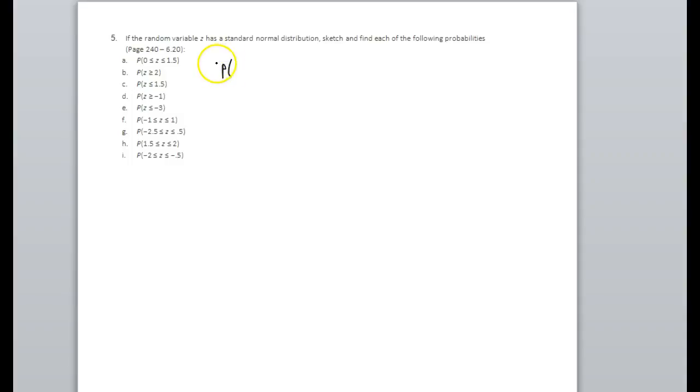So what I'm going to do first is draw a graph of what this is saying. Okay, so this is my best normal curve, sadly. Because we're working with z, we're on the standard normal curve. So we know that mu is right here, and that's equal to 0. Then we have 1, 2, 3, negative 1, negative 2, negative 3.